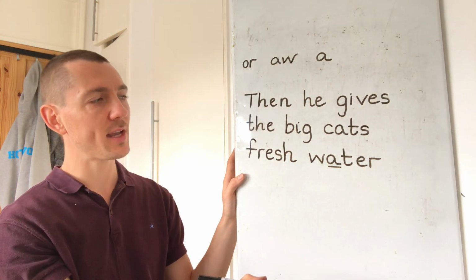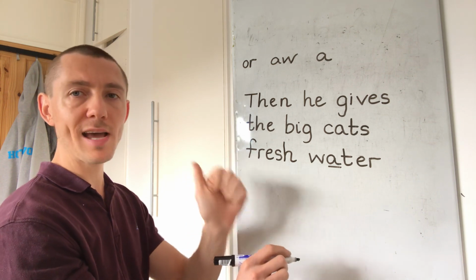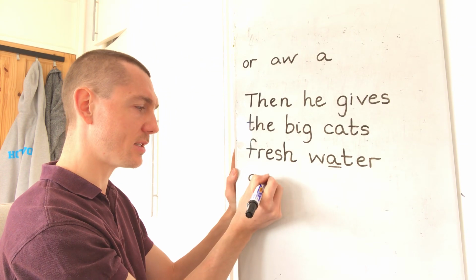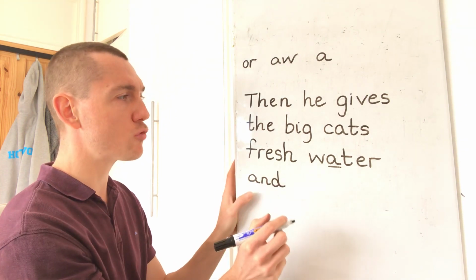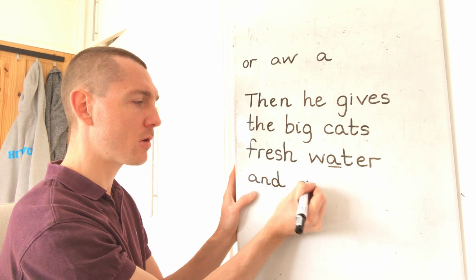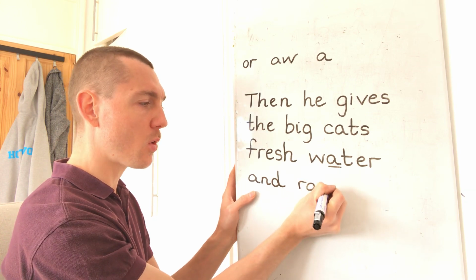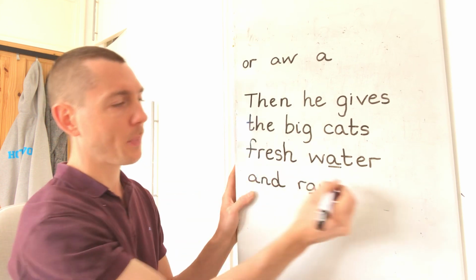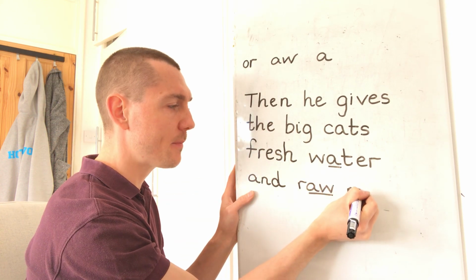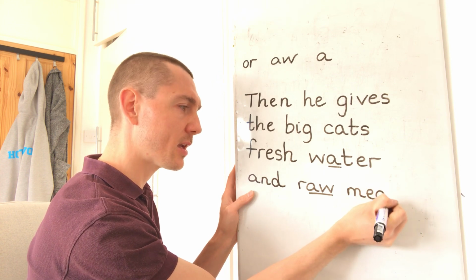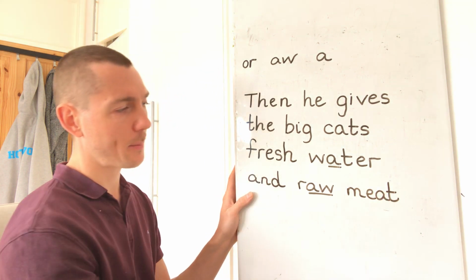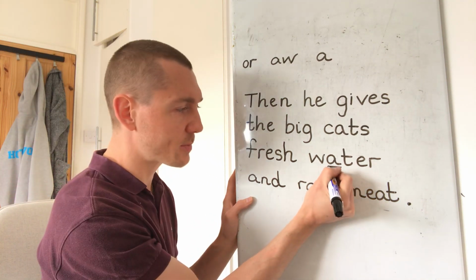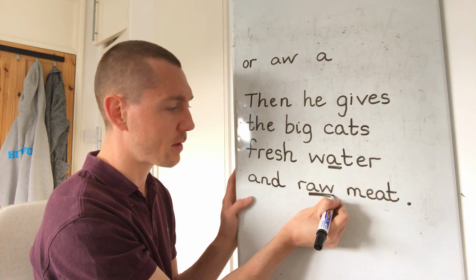Then he gives the big cats fresh water and raw meat. Last 3 words. And raw meat. Or, raw, meat. Stop mark. Okay, check that you've got those 2 spellings of or in those words.